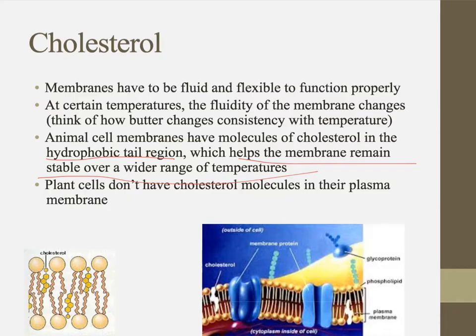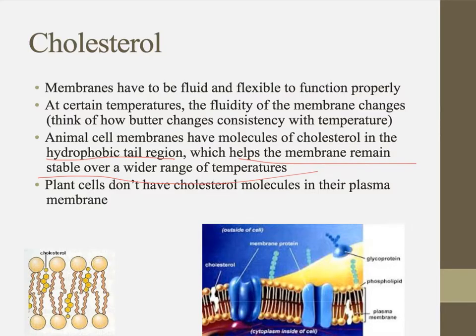Plant cells don't have cholesterol in their plasma membranes because they have cell walls to help maintain shape and things like that. So, animals need cholesterol, but we don't need to eat it. See, our bodies can make every bit of cholesterol that we need in order to maintain these cell membranes.